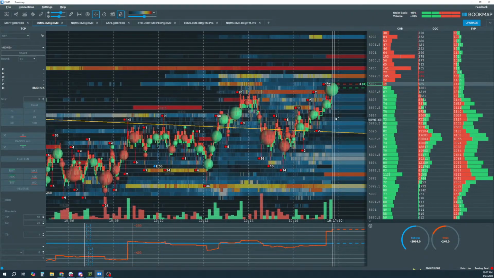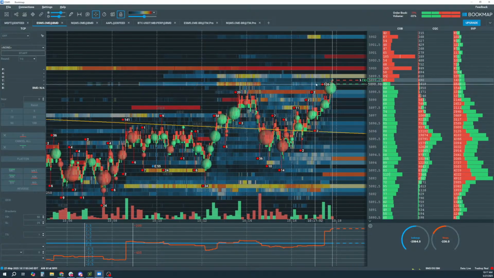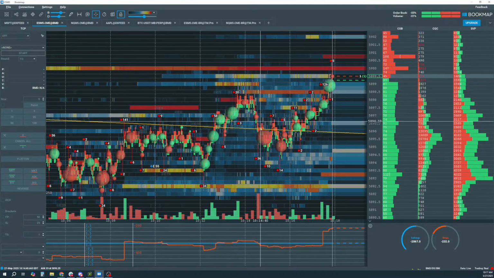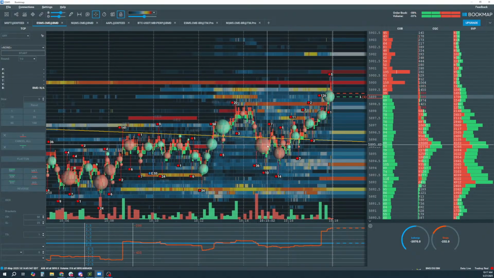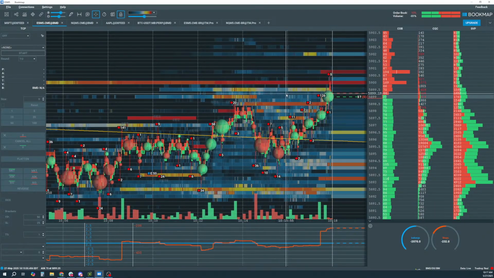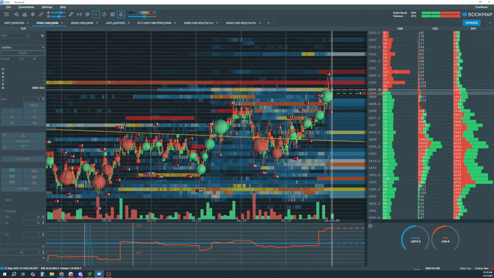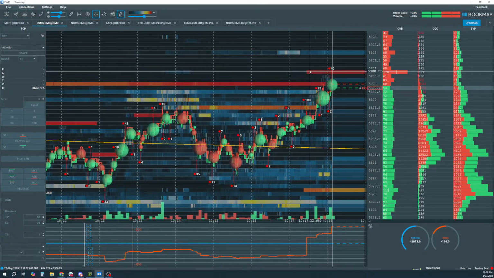This is the move we're looking for, but I'm not going to participate in that. There's a lot of exhaustion in here. There's high liquidity in here, and there's a cluster of selling here. So due to these facts, I will pass. It's doing what we're looking for here, but we're just going to wait for something a little bit better.